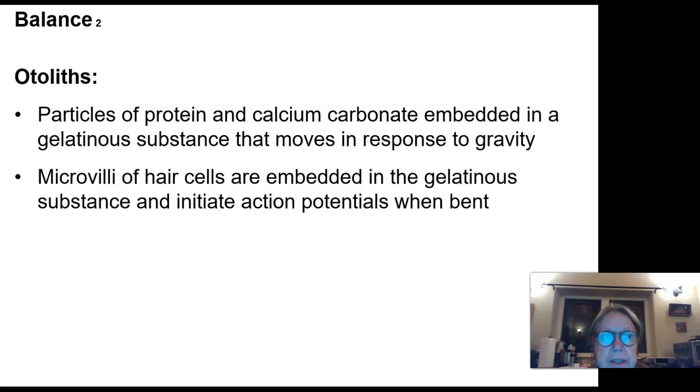You've got these hairs that are embedded and initiate an action potential when bent. Sometimes these otoliths become displaced, and that's when you hear about people who have Meniere's disease or benign dizziness, vertigo. If these stones get displaced, you get other issues that need to be corrected. Otherwise, they just help you keep your balance.